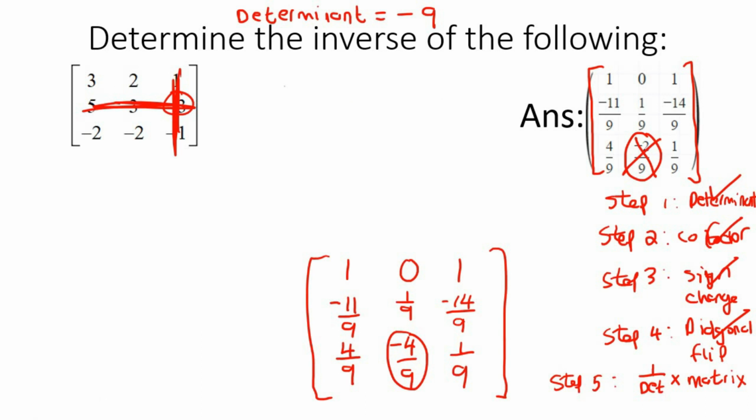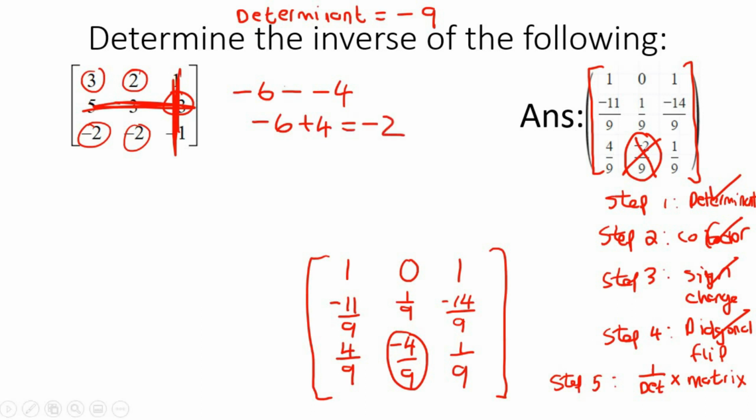And then if I work out the determinant there, it's going to be 3 times -2, which is -6, minus, and then 2 times -2 is -4. So it's going to be -6 plus 4, which is -2. Okay, that's already looking much better. I think I got -4 in the first part.